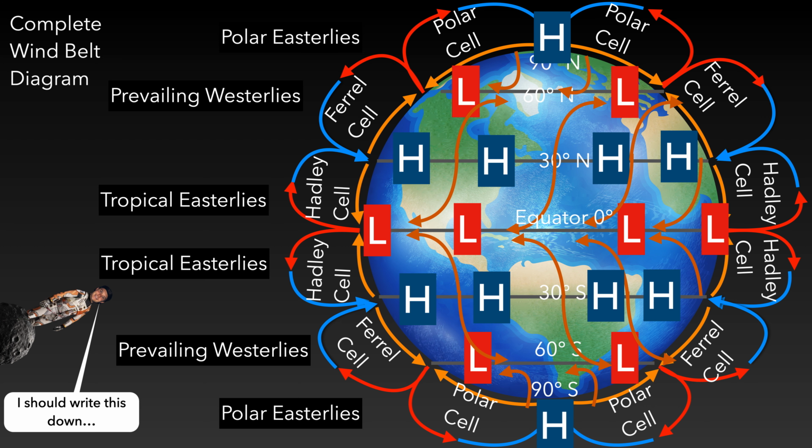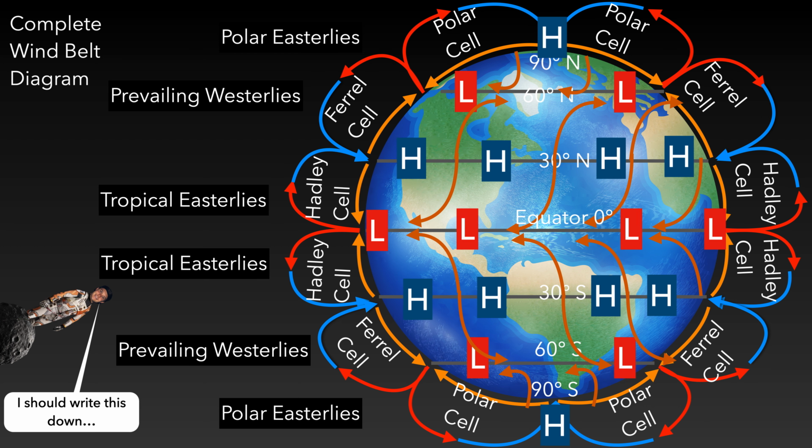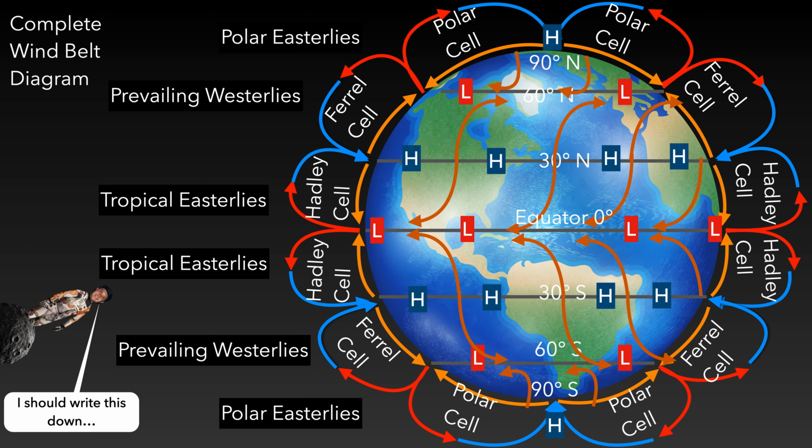These pressure belts also control the way that the surface winds will move across the planet Earth. Recall that these winds normally would go in a straight line from high to low, just like we've said several times in class. But since the Earth is rotating, they are bent in a certain direction depending on which hemisphere you are in, north or south.